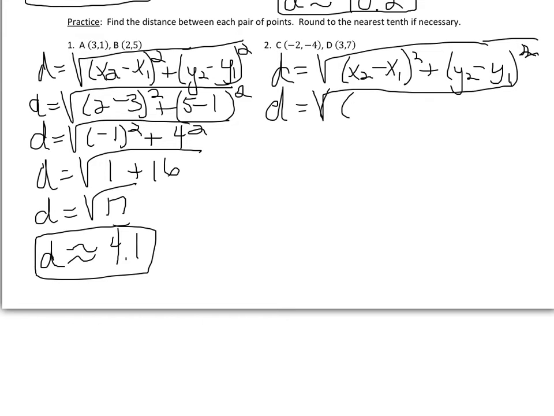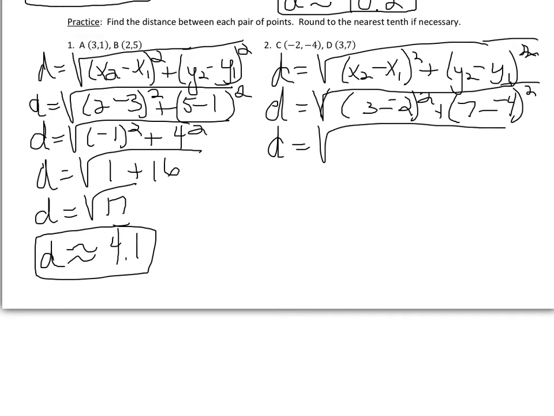I'm going to do 3 minus a negative 2 squared plus 7 minus a negative 4, squared. So 3 minus a negative 2 is plus a positive 2, so we have 5 squared plus, this would be plus a positive 4, so 11 squared.